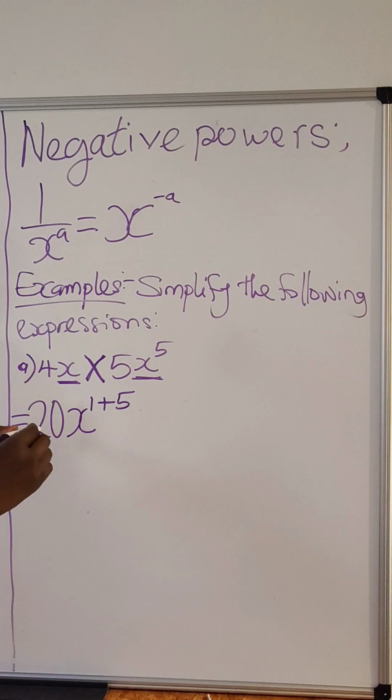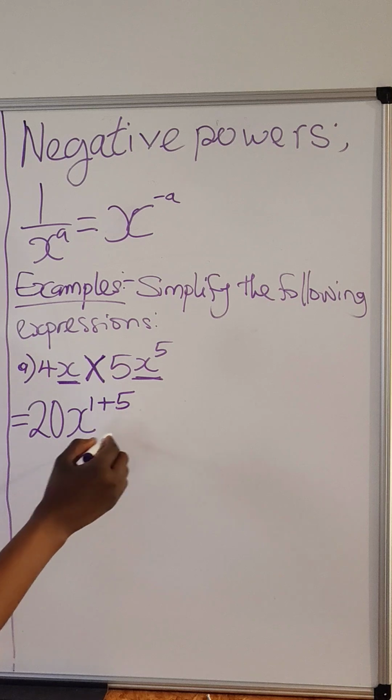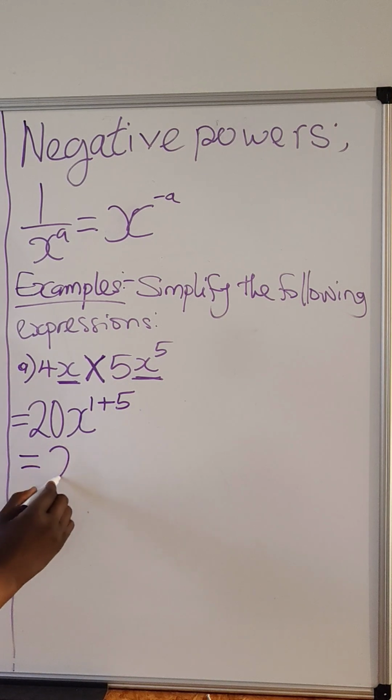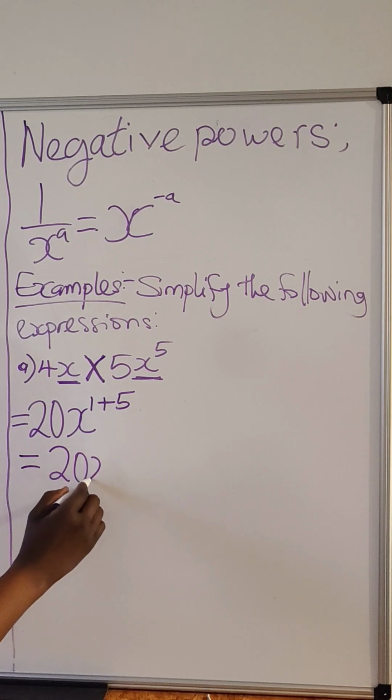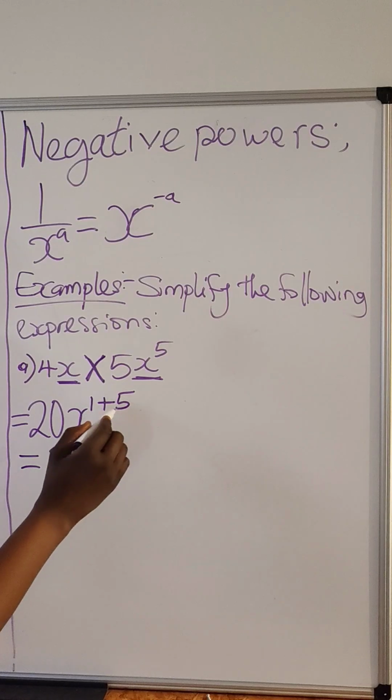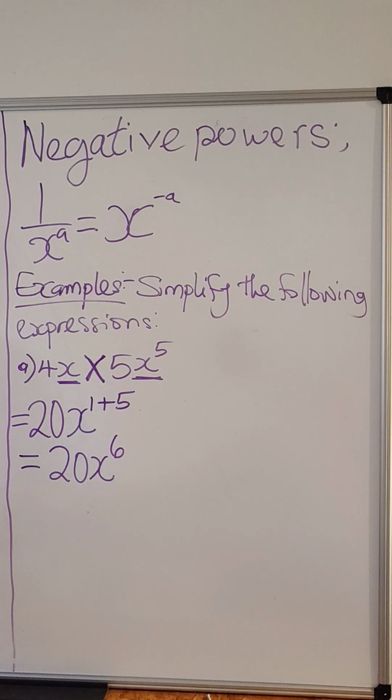So we have 20x raised to 1 plus 5, which gives 20x raised to power 6. That's all about the letter A of the example.